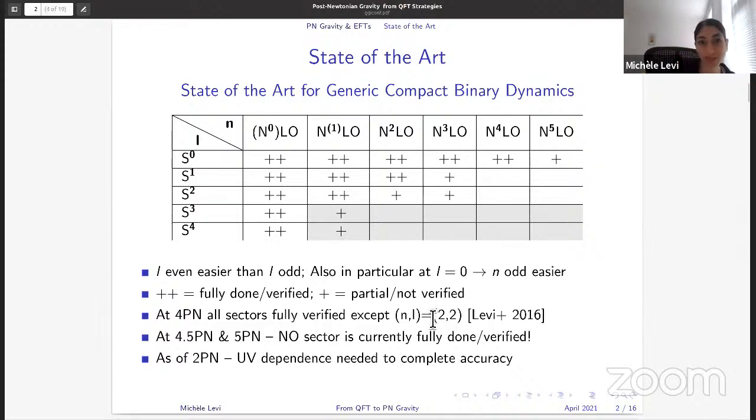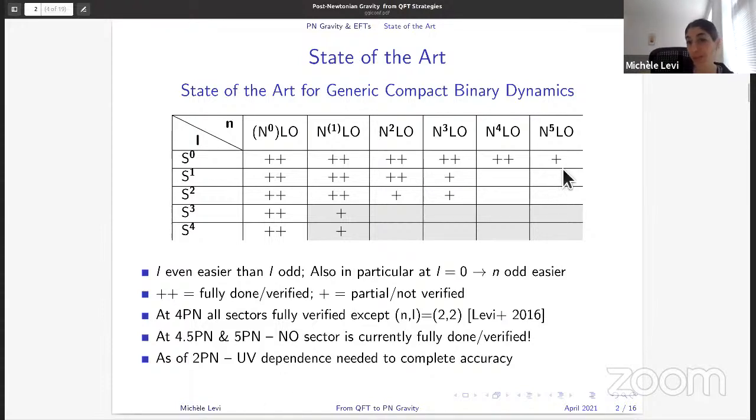These computations are obviously very complicated, so it's not enough for one group or one collaboration or one methodology to perform them. And we see general trends: an index L which is even is always easier to handle than an odd L. Also, in the easier case where L equals 0, in particular in the non-spinning sector, there is also a greater ease that happens when the index n is odd.